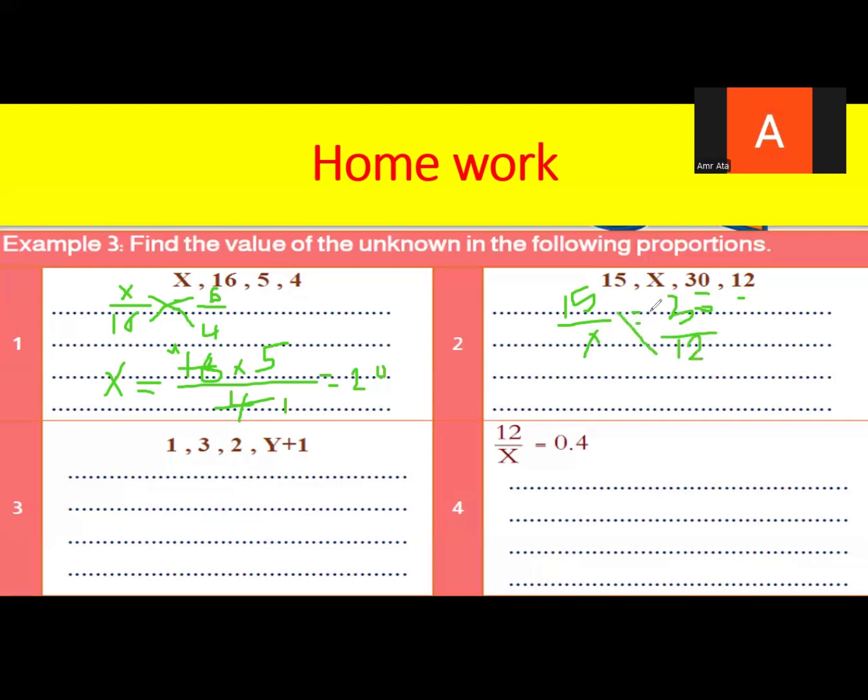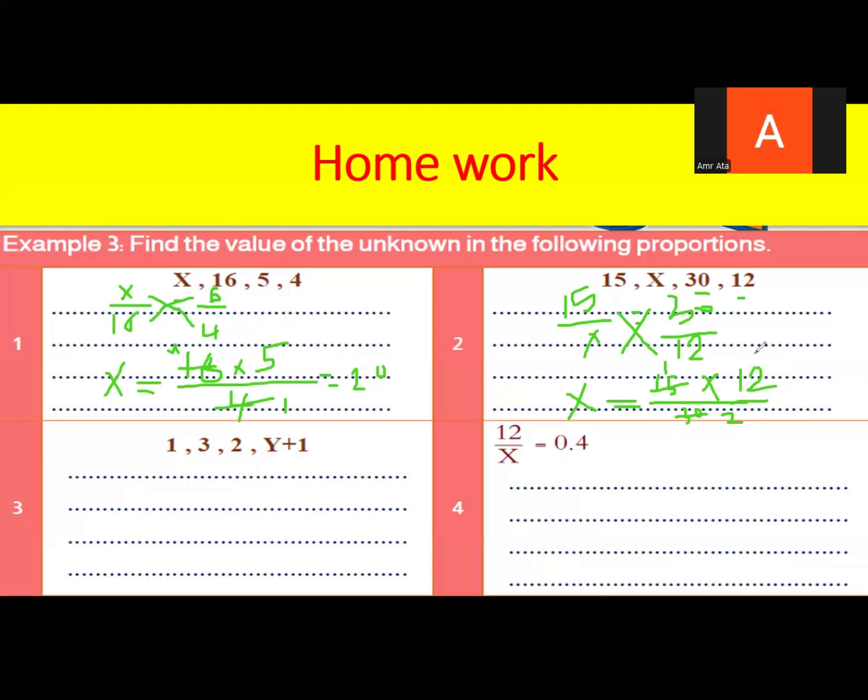So make a cross multiplication. x equals the number which is opposite to x, which is 30, so I put it on the denominator and the other numbers on the numerator, 15 times 12. 15 has 30, so I can divide 15 by 15 equals 1, 30 by 15 equals 2.